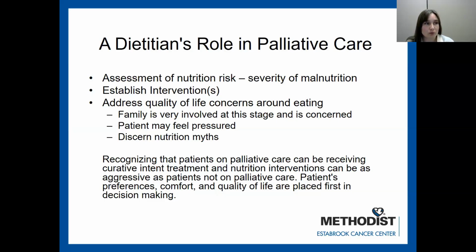And then also, we get a lot of questions about nutrition that is maybe not a correct view. So we do have to help walk patients or family members through some of those things that aren't necessarily true, usually revolving around enteral nutrition or nutrition support of some kind.